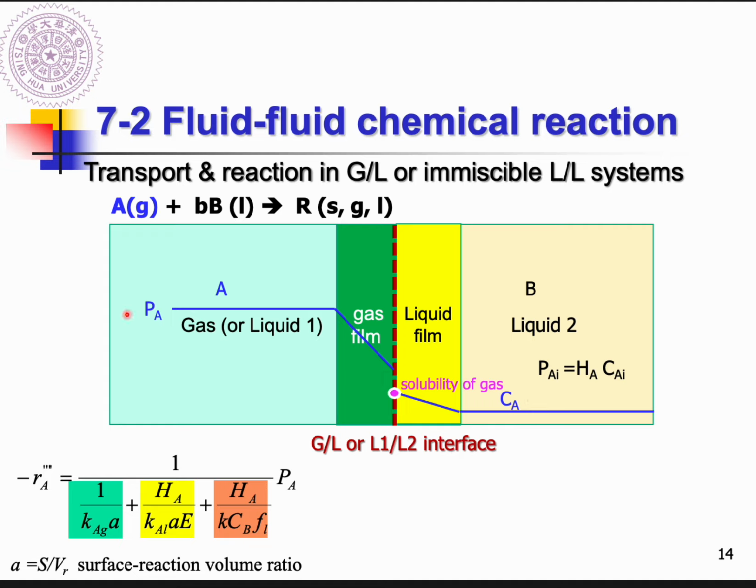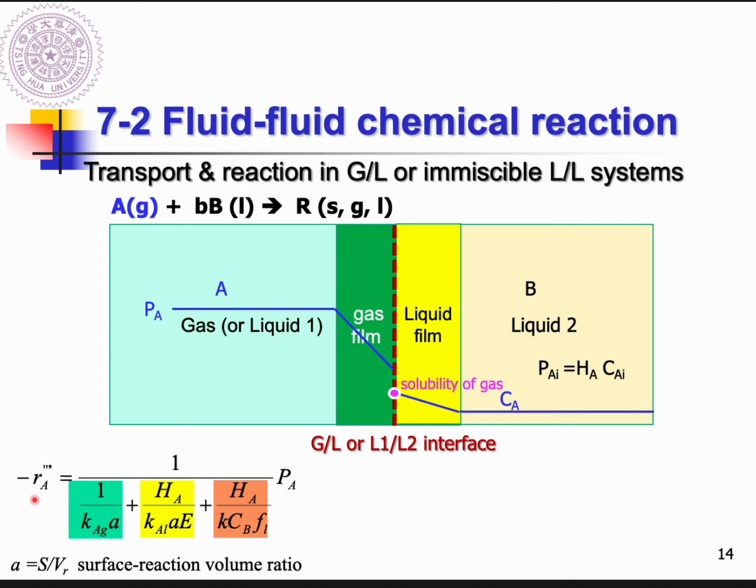Okay, so now you have the rough picture of the concentration or partial pressure of reactant A and how this molecule A passes through different layers. But the purpose of this section is also to answer how fast these reactions are. So we want to calculate or estimate the consumption rate of reactant A in the total reaction volume.